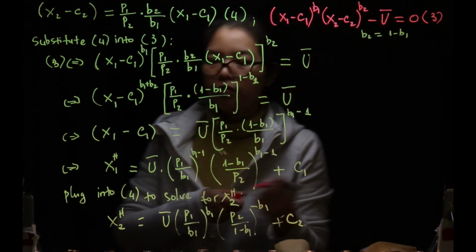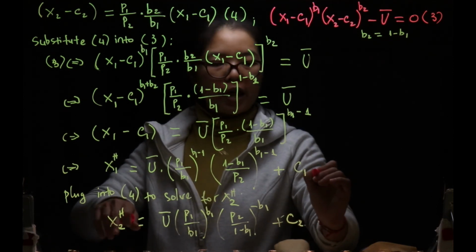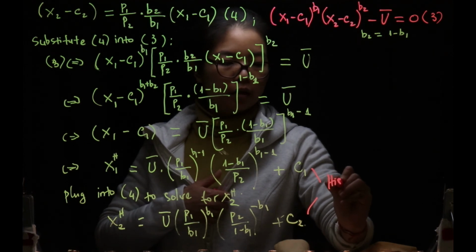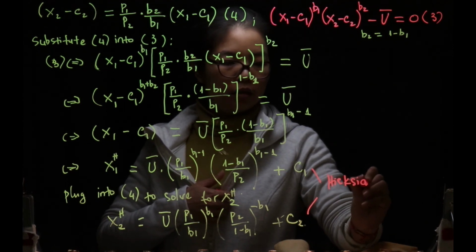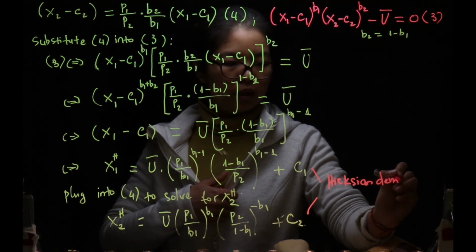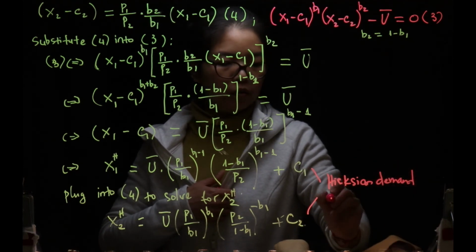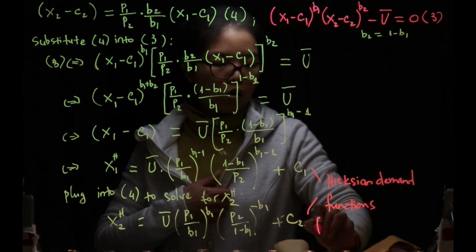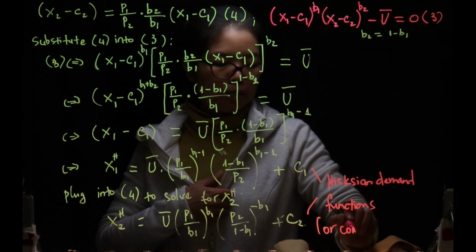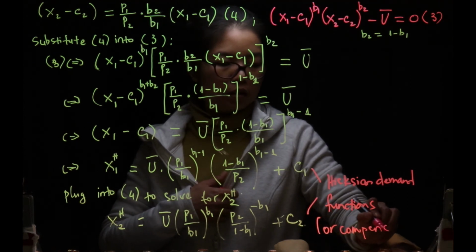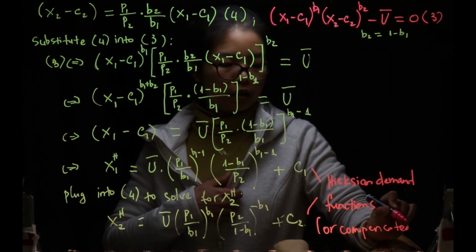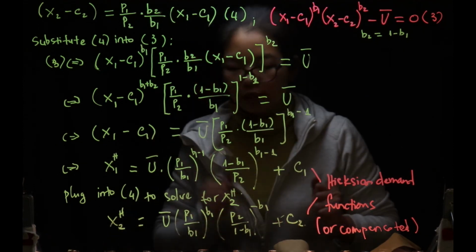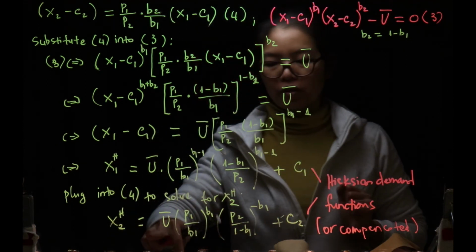And this function, why is it called H? Because it's called Hicks demand function, or compensated, because the income effect is already compensated and only the substitution effect is left in this demand function.